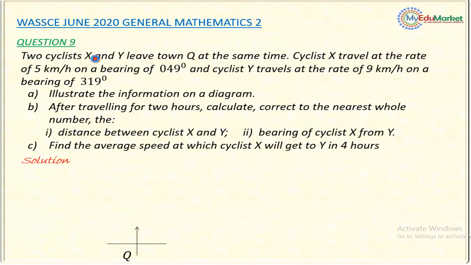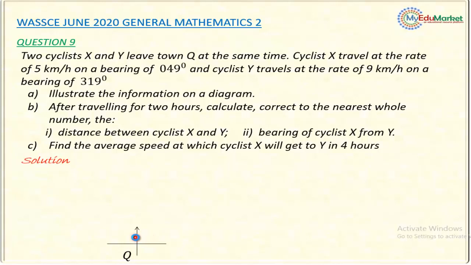But cyclist X, whose rate is 5 km per hour on bearing 049. So let me take the bearing, which gives me the direction of his movement. 049 is the angle. We always take the bearing from the north line, and we move in a clockwise direction.